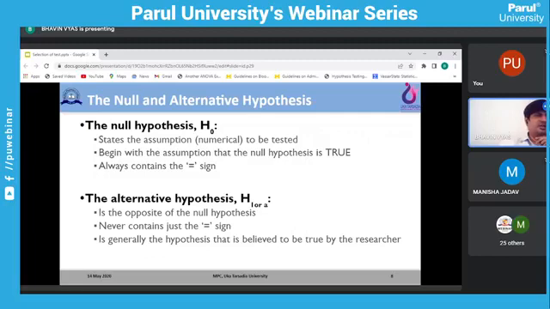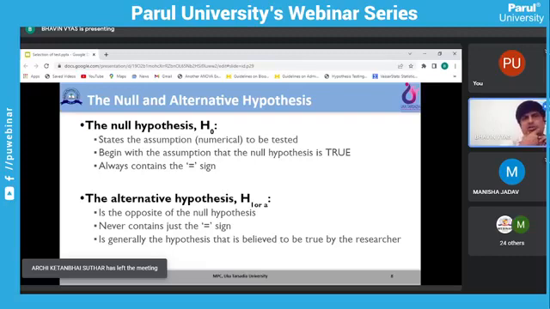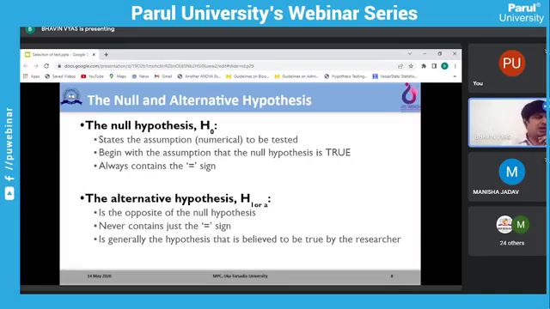As I have told you, there are two types of hypotheses, called the null hypothesis and the alternative hypothesis. The null hypothesis states the assumption to be tested, beginning with the assumption that the null hypothesis is true. If I am doing an experiment on hypertension, I have two drugs, drug A and drug B, and I'm testing which is better.